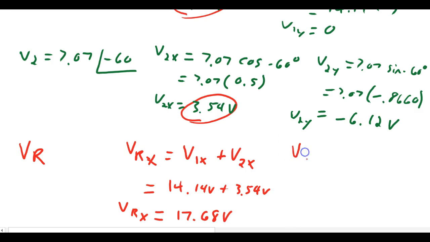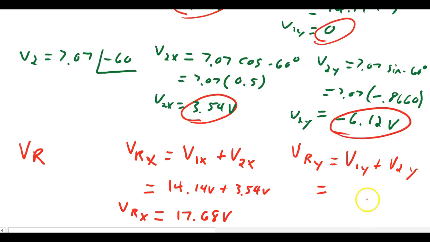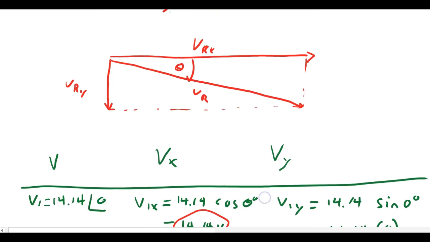Now the y component of our resultant will be V1y plus V2y. We have 0 for V1y and negative 6.12 for V2y. So we have 0 plus negative 6.12 volts, VRY at negative 6.12 volts. If you refer back to our original sketch, we'll see that the y component of the resultant is below the positive axis, so we expect it to be negative.